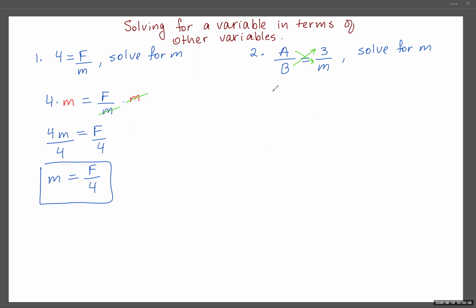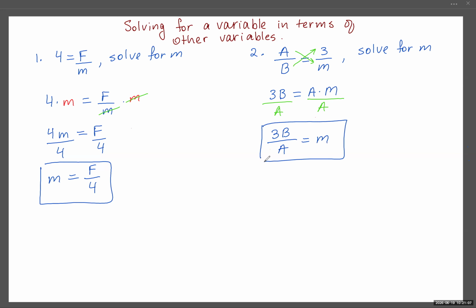So you will get 3 times b equals a times m. We're solving for m, so that means we have to get rid of the a that's attached to m by multiplication. Division undoes the multiplication, so what we have to do is divide both sides by a. So 3b over a equals m.